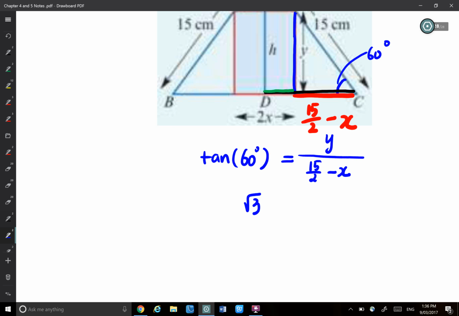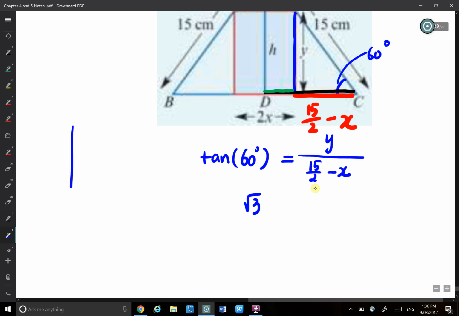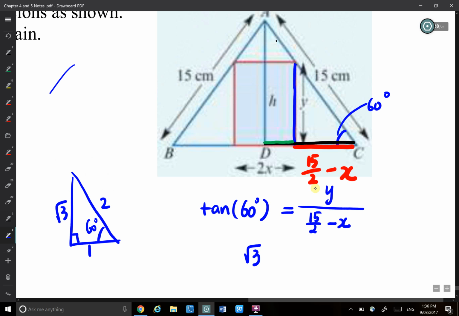How do we find that tangent 60 is root 3? I can draw this triangle with sides 1 and root 3, and here is a 60 degree angle. That's how you remember it. If you don't understand, draw an equilateral triangle where each side is 2 and cut it in half. The angle is still 60 degrees at the base, 30 degrees at the top, and 90 degrees at the cut.